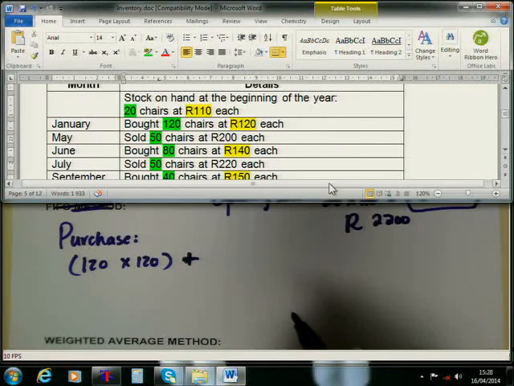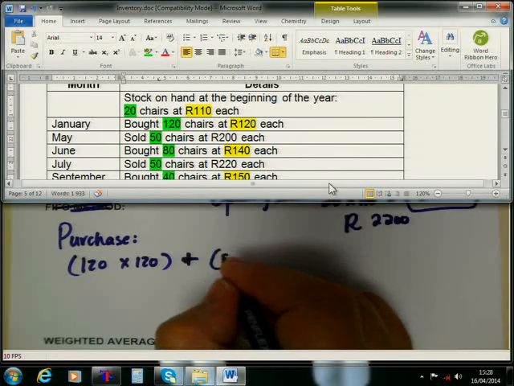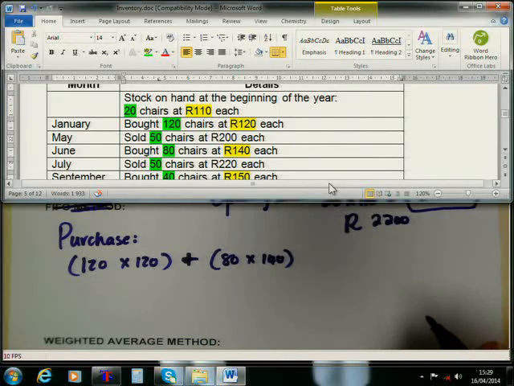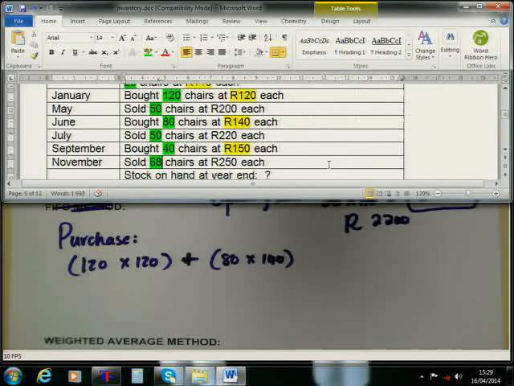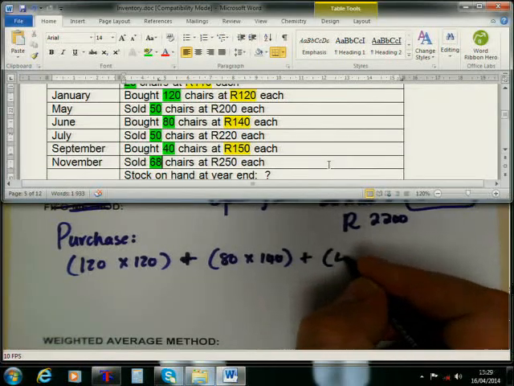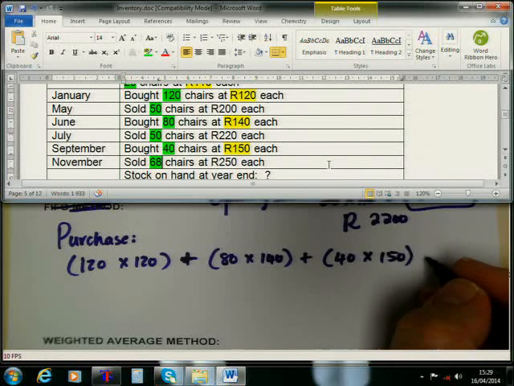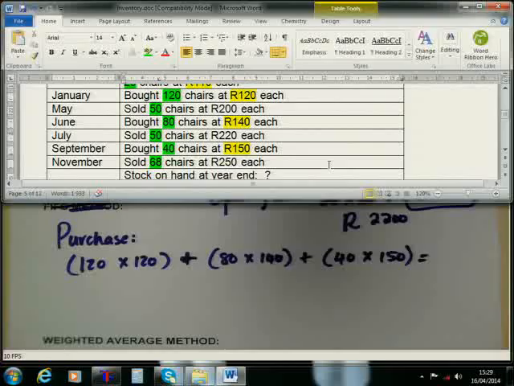Plus, then we bought again in June, 80 times 140 rand. Then we bought again in September, 40 times 150 rand. And that is our total purchases.